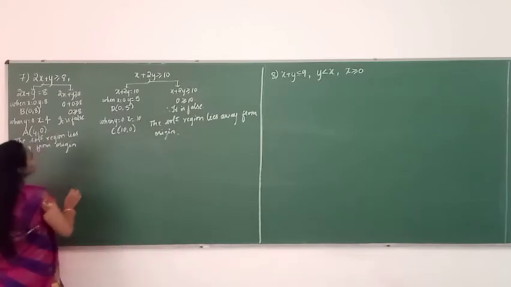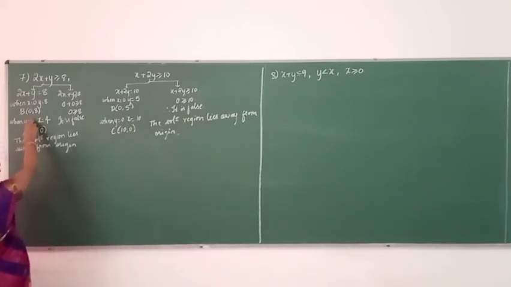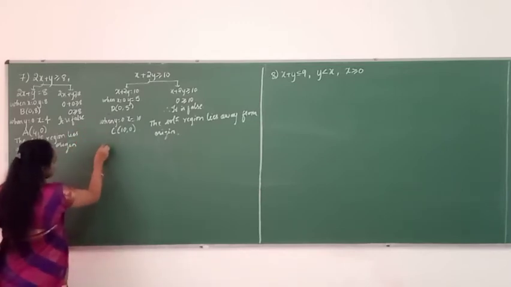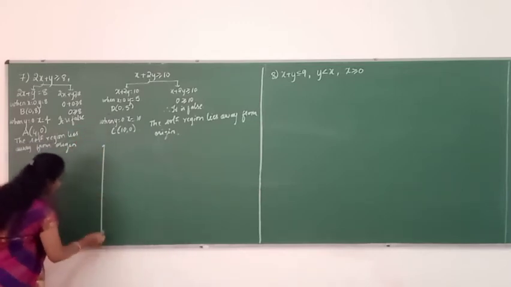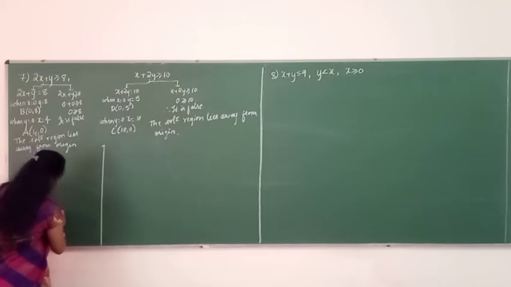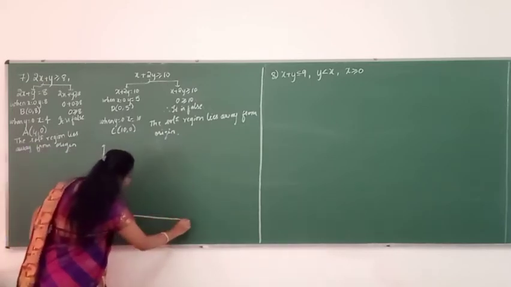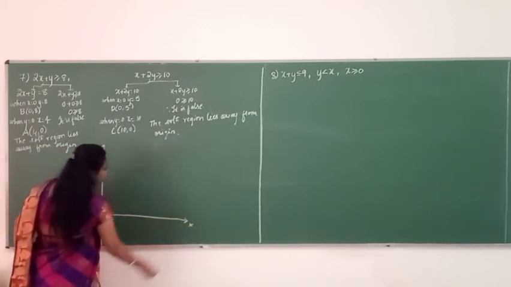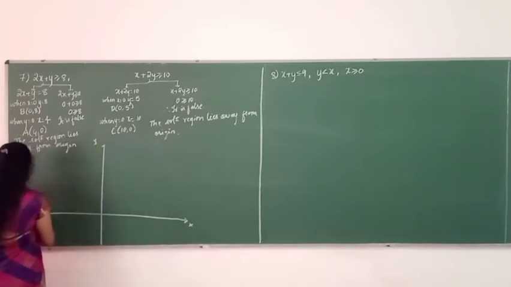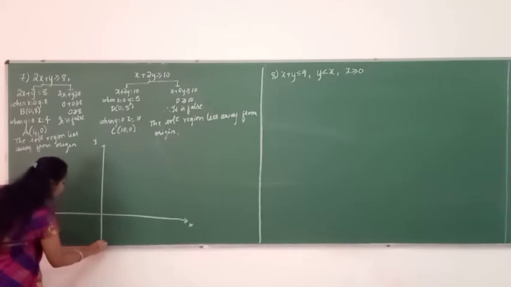Draw the graph. Just check the coordinate points, and based on that we'll be plotting the graph. This is your x-axis and your y-axis. This side is x dash and this is y dash.